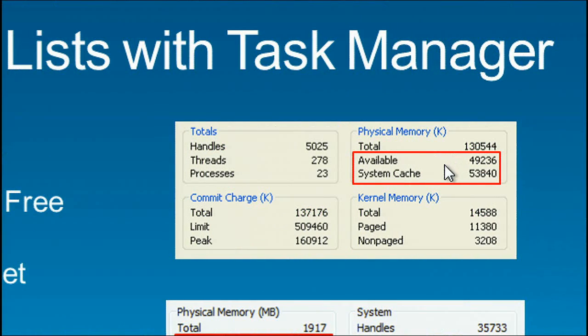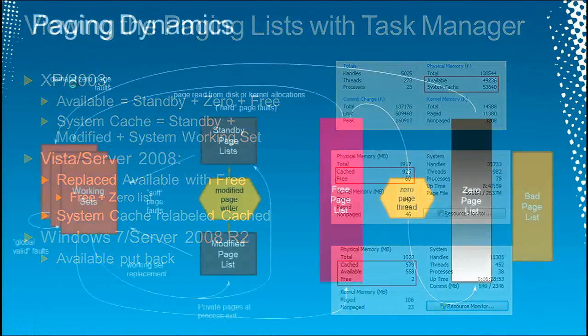And we've got this section over here called physical memory. There's two values there that I'm going to be talking about. Well, total, the amount of RAM you've got. Available and system cache. What is available? Available is the amount of RAM that's on one of those lists that can be reused without a disk I/O. Let's see if we can figure out what would correspond to available.